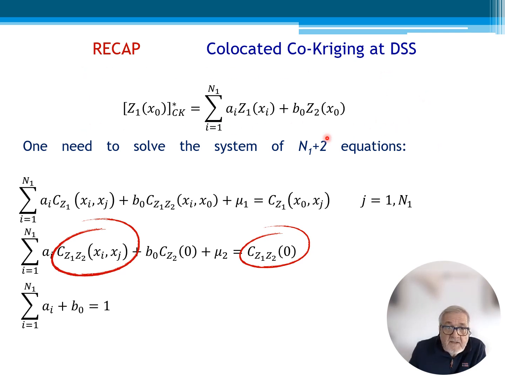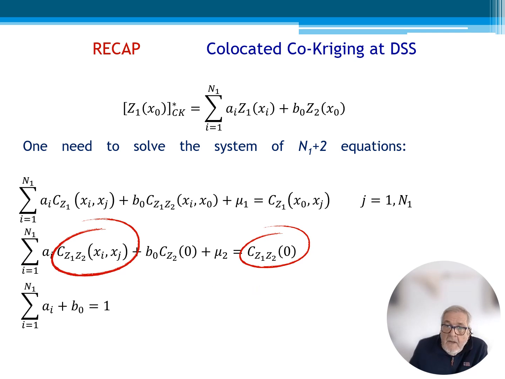Let me recap that to obtain this collocated co-kriging, we need to solve those n plus 2 equations here. But what I would like to call your attention to is that we need to know the covariance of the first variable Z1, the covariance of Z2, but also the cross covariance between Z1 and Z2.